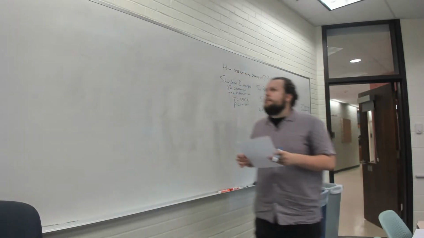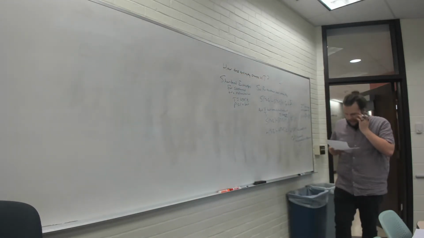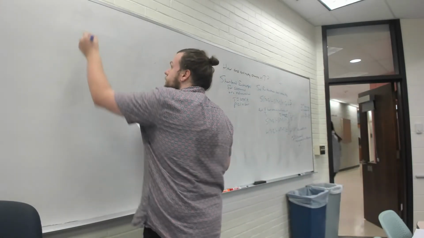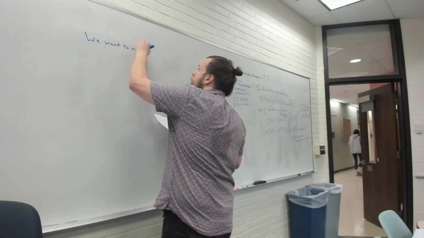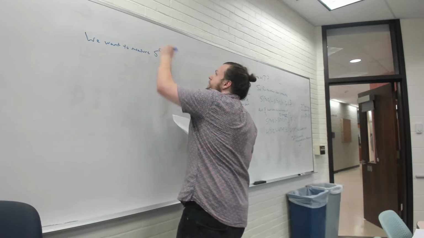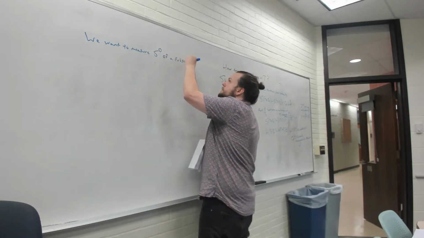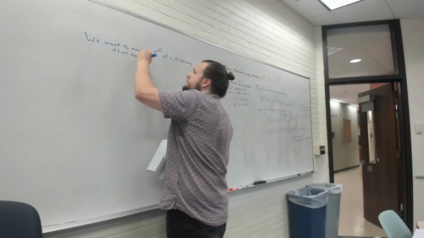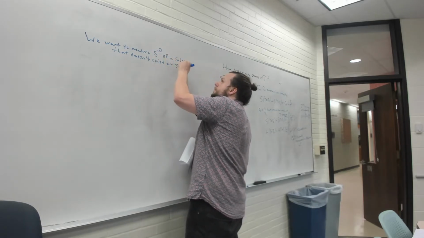This really drives home the power of state functions, I think. The question is that we want to measure the standard entropy of a substance that doesn't exist at standard temperature and pressure.